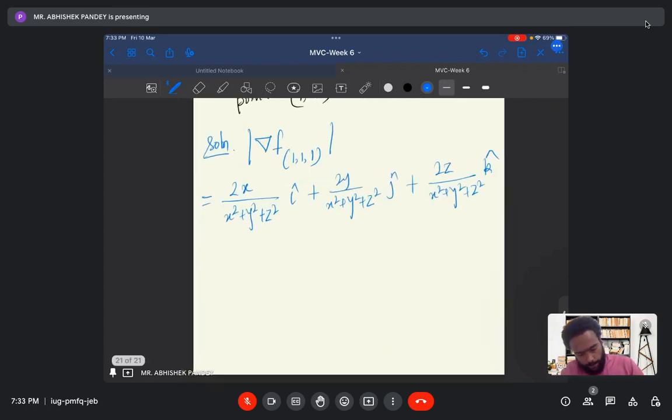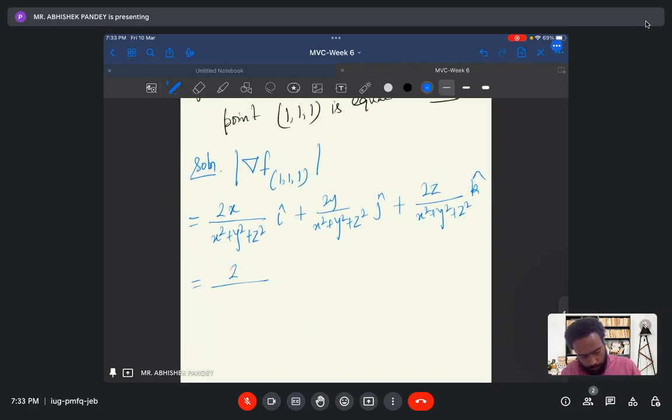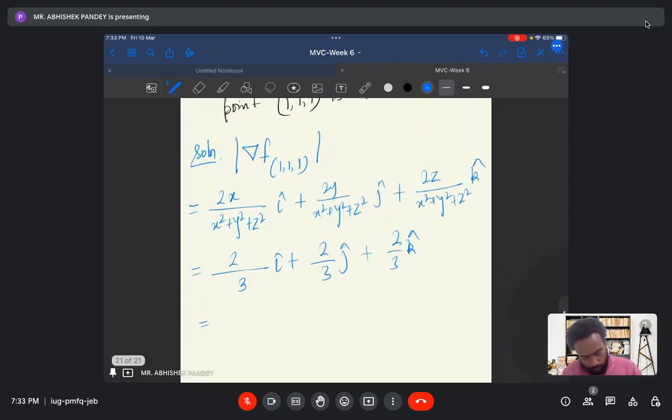Okay, and at the point this one it will be 2 upon 3 I cap plus 2 upon 3 j cap plus 2 upon 3 k cap. Okay, so the modulus will be, so this one is 4 by 9 plus 4 by 9 plus 4 by 9. So this will be 2 by root 3, isn't it? Okay, so this is your answer.